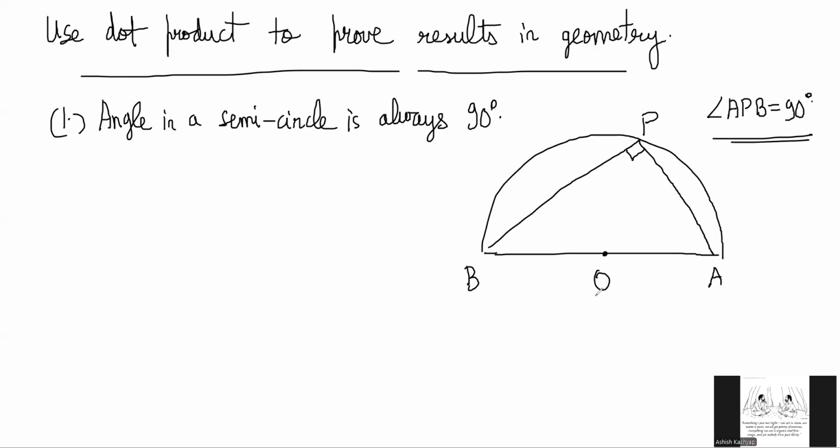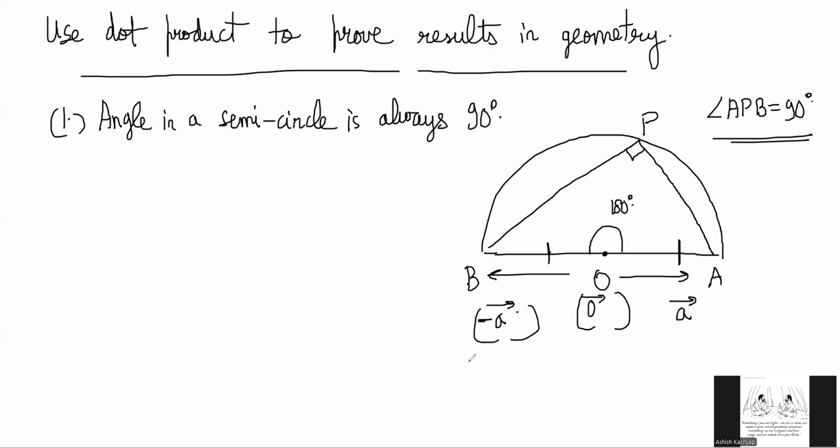So let's take O as the origin. So this is my zero vector, and A and B are diametrically opposite points. So if the A vector is A, then the B vector would be what? The B vector would be minus A vector, right? Because these are the endpoints of a diameter. This length is equal to this length, and they have a 180-degree angle between them, right?